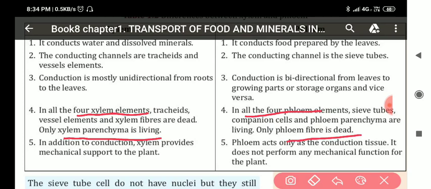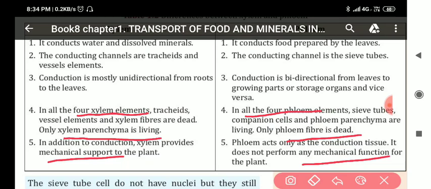Next, fifth point: in addition to conduction, xylem provides mechanical support to the plant, and phloem acts only as conduction tissue. It does not perform any mechanical function for the plants.